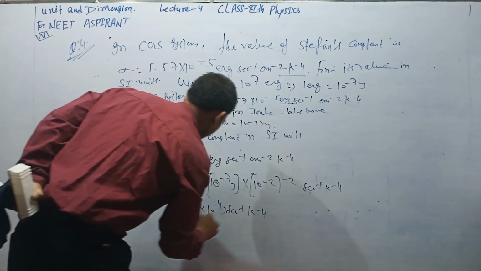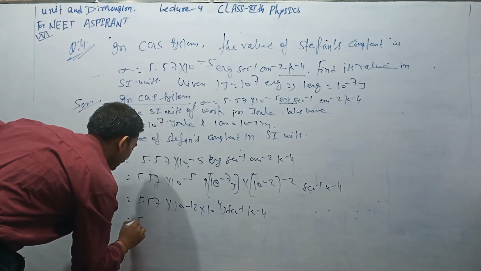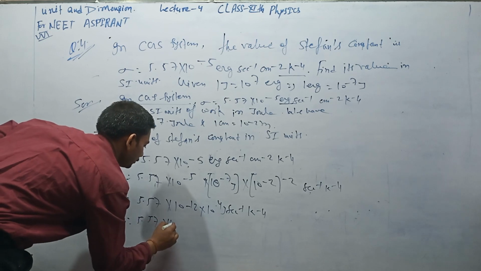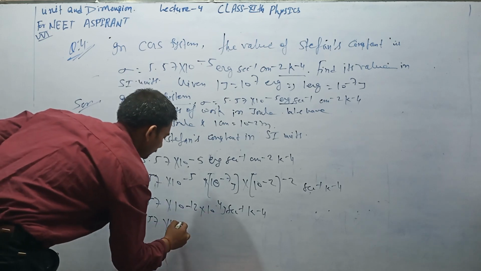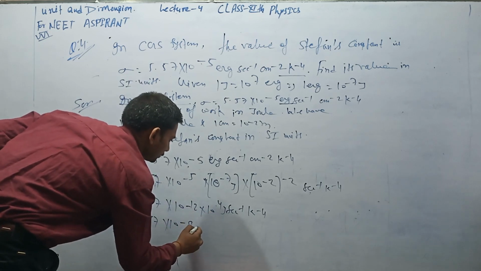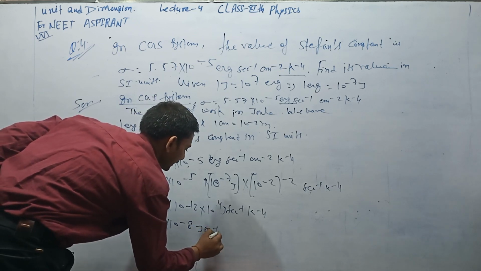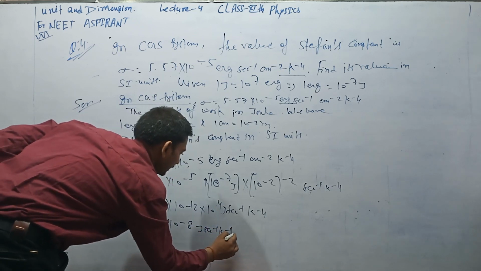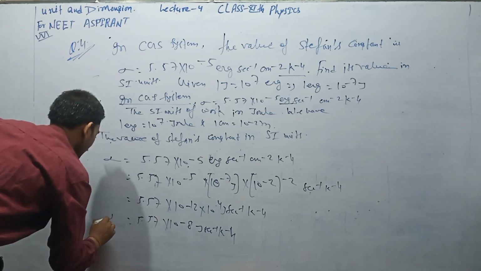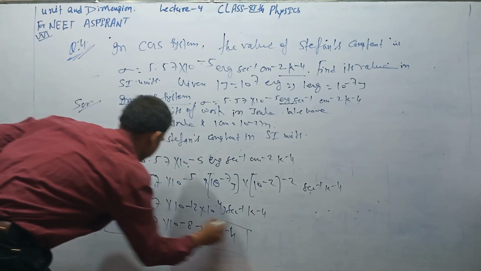So that means 5.57 into 10 to the power minus 8 joule second inverse Kelvin to the power minus 4, the Stefan constant.